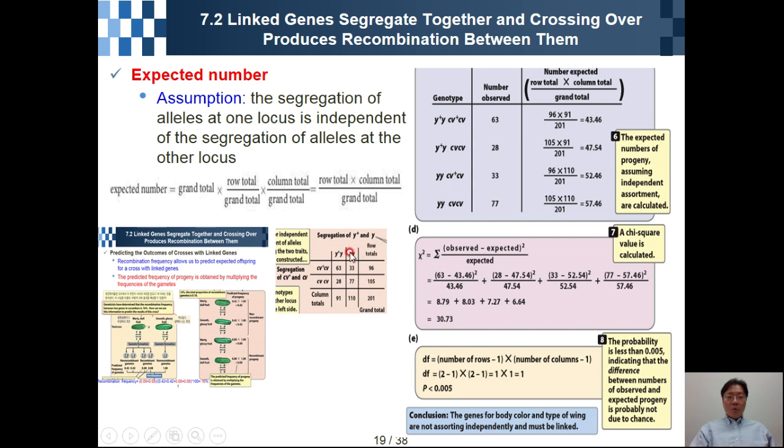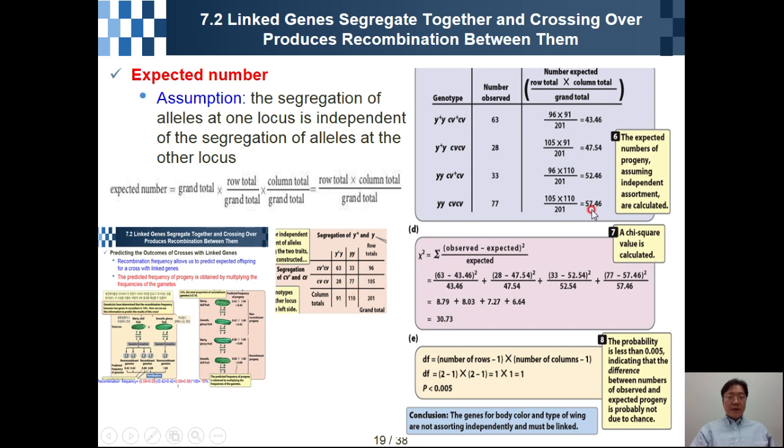How about this one? Small yy, cb plus cb. The grand total is 201, the row total is 96, and the column total is 110. And this is the expected number. After that, how about this one? Small yy and cb: the grand total is 201, the row total is 105, and the column total is 110.